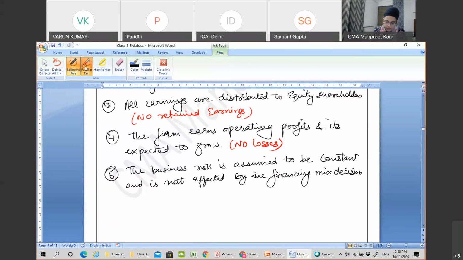It means there is no change in fixed cost or operating risks.